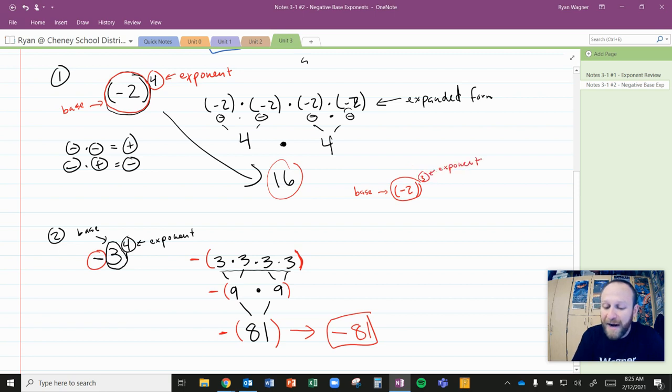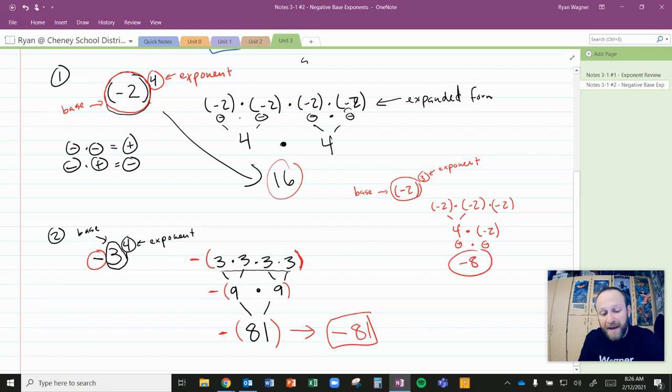Okay, so let me write this in expanded form. We have negative 2 multiplied by itself 3 times. Okay, so negative 2 times negative 2 is 4. Now we have a positive times a negative. 4 times negative 2 gives us negative 8.